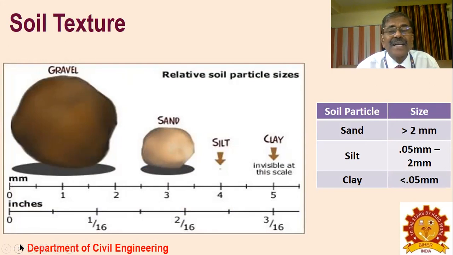As I said, clay is sometimes at the colloidal level also. So sand is greater than 2 millimeters, silt is between 0.05 mm and 2 mm, and clay is less than 0.05 mm, or you have to measure it in terms of microns. That is the status quo of the soil sizes, and all this comprises soil texture.